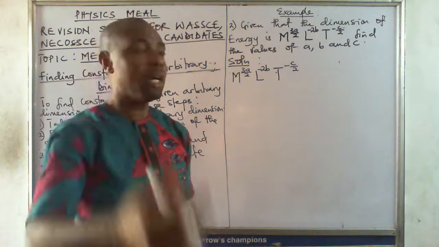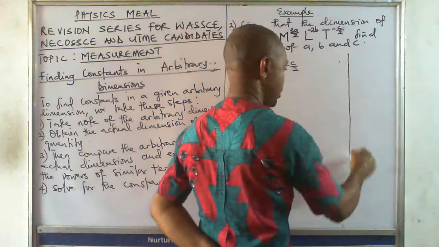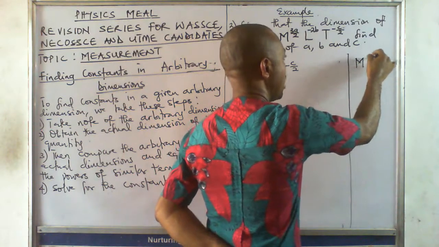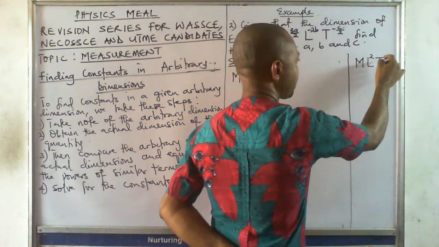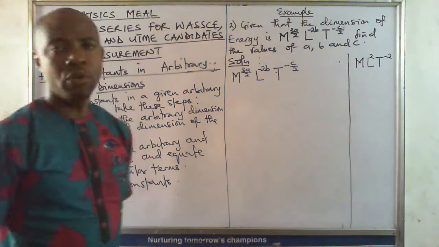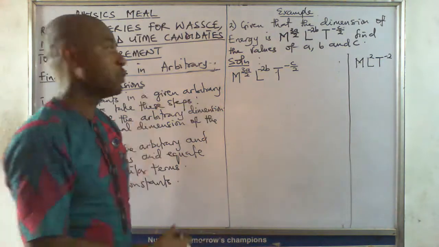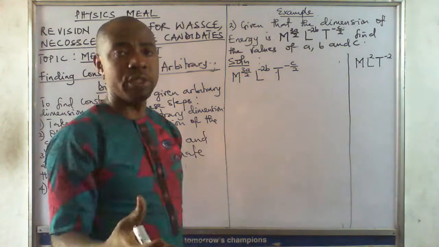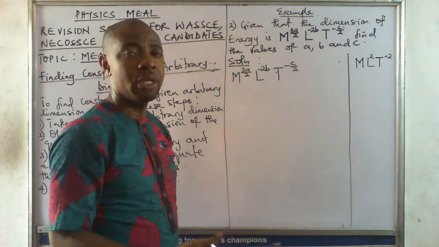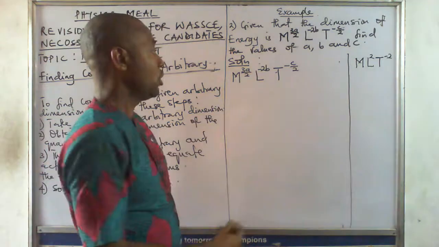Some of us will still have it even without those expressions. I know that the dimension of energy is m l square t raised to power minus 2. But we still need to derive it, so that those who have not watched the other video and still want to know how we obtain dimensions of derived quantities may watch this and see.